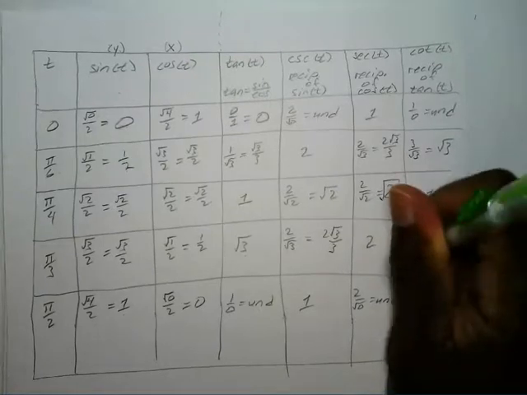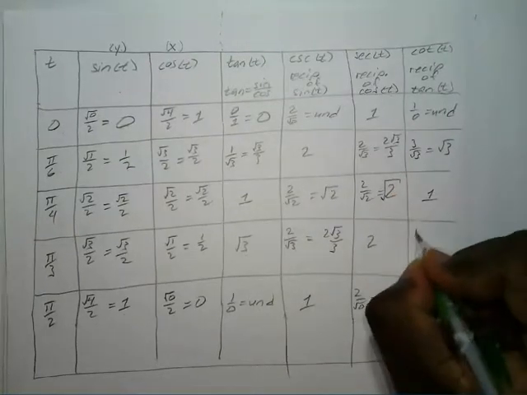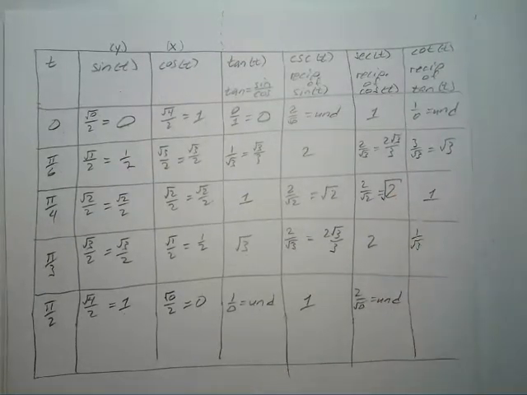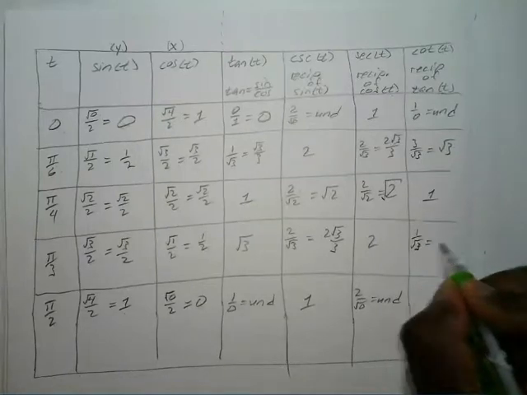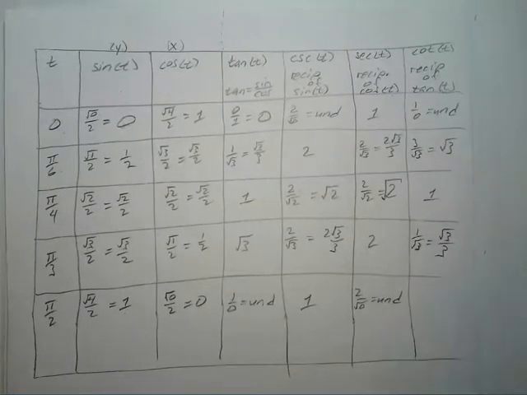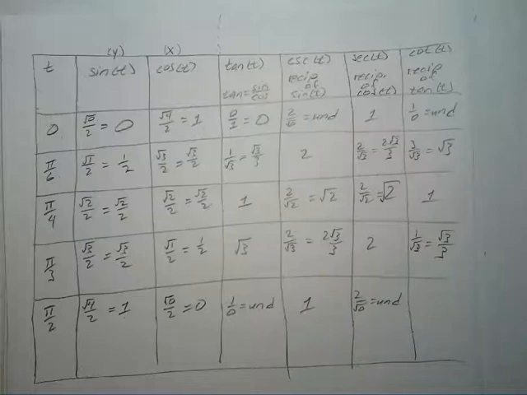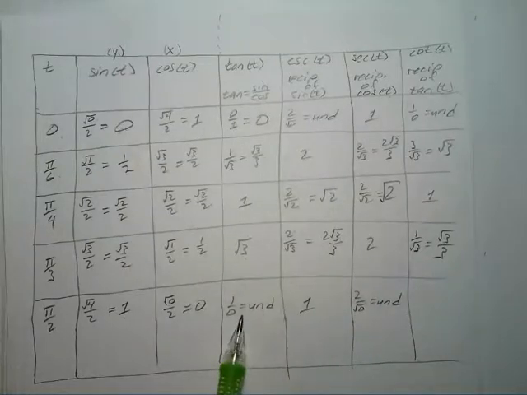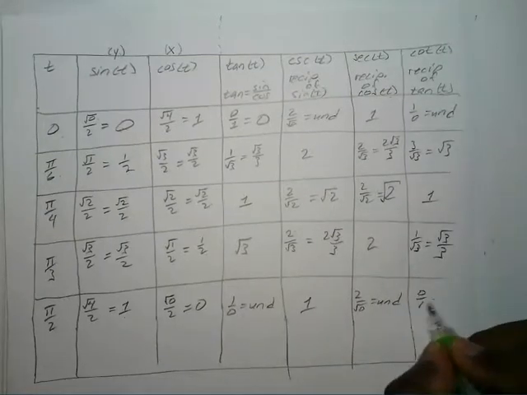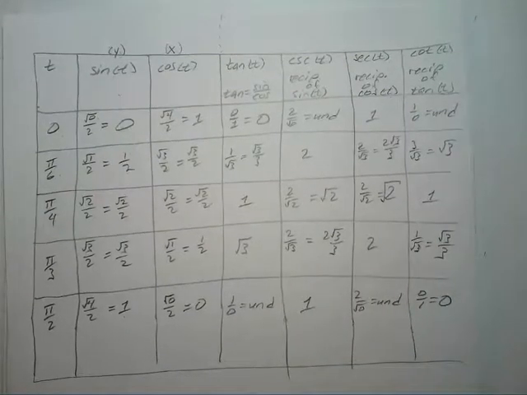Sorry about that, I knew I mixed up somewhere. 1 over square root of 3 is square root of 3 over 3 once you rationalize it. And the reciprocal of 1 over 0 is 0 over 1, which is 0.